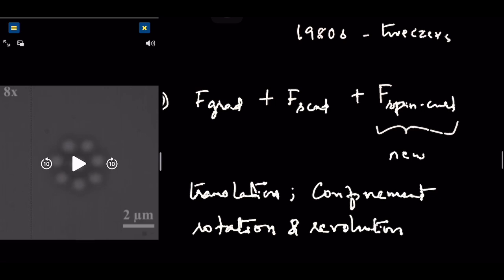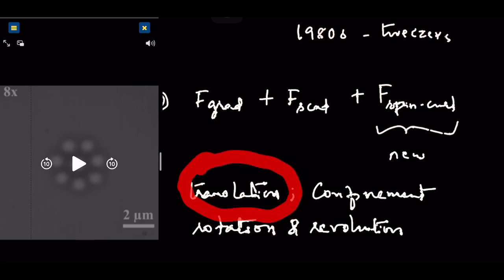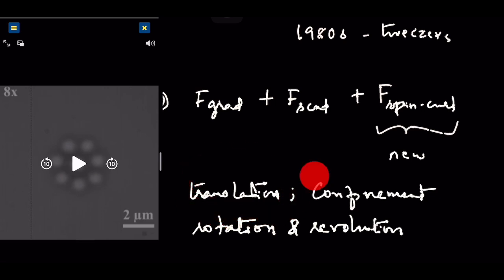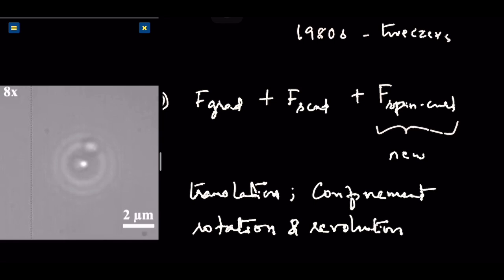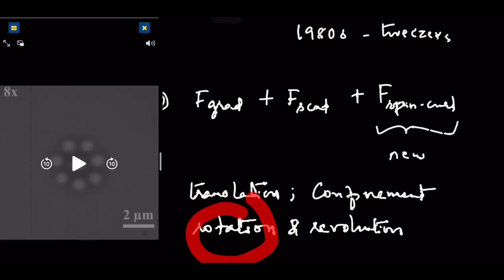The interesting aspect, as I mentioned, is that now you can achieve a translational degree of freedom. You can confine objects thanks to the tweezer, just like what we see in this video, where the objects are confined thanks to the gradient forces being greater than the scattering forces. You can also create rotational states and also revolution of an object. So these are some of the fascinating aspects of optical tweezers.